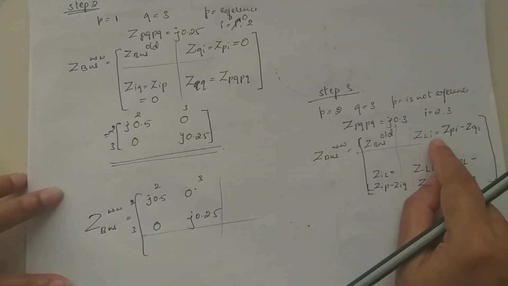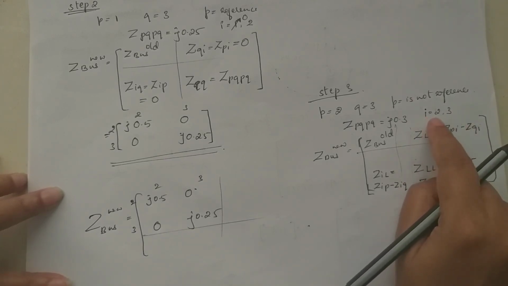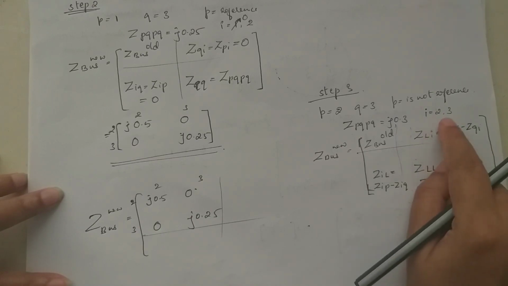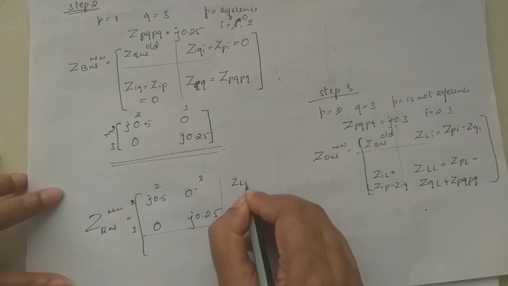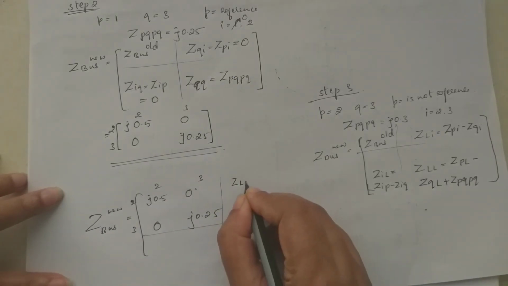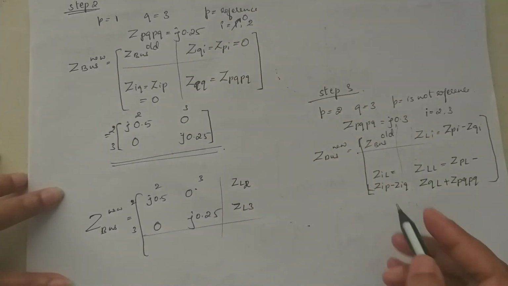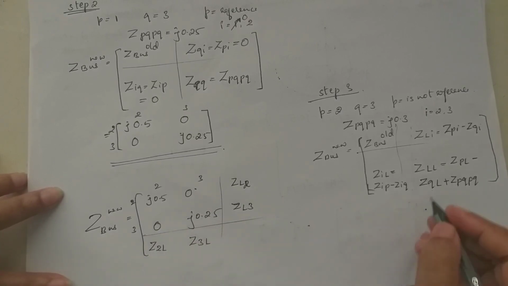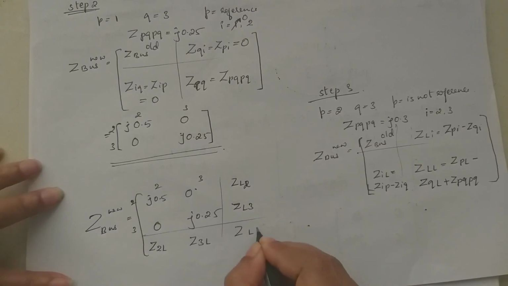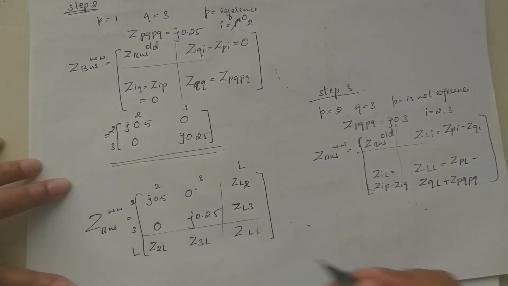So for ZLI, I varies from 2 to 3, because the value corresponding to 1 is 0. So ZL2 as well as ZL3 need to be calculated. Here also Z2L and Z3L need to be calculated, and ZLL. We will calculate one by one. This is the Lth row as well as the Lth column.